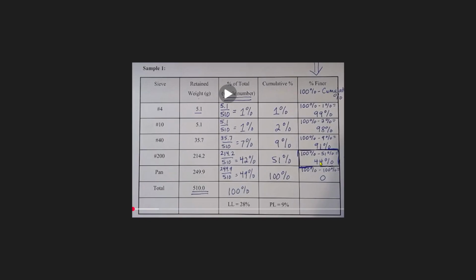If less than 35% passes the number 200 sieve, you have a granular soil. On the other side, if the pan under the number 200 retains more than 35%, you have a clayey soil.